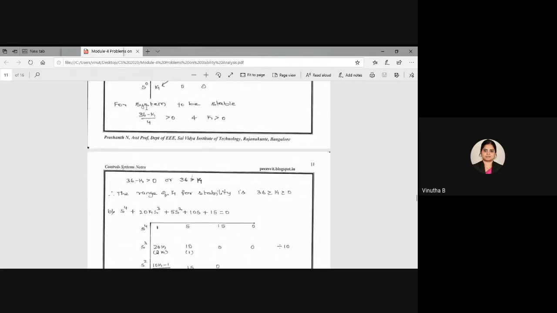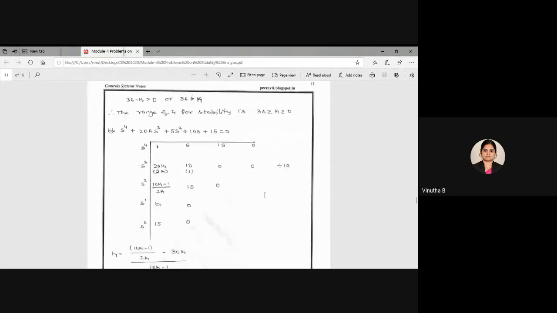But here they're talking about the stability of the system. Even if you get 0 here, we have the alternative methods. That's why they have taken the range as k greater than or equal to 0 and less than or equal to 36. Therefore, the range of k for stability is k greater than or equal to 0 and less than or equal to 36. So such kind of problems will be asked.